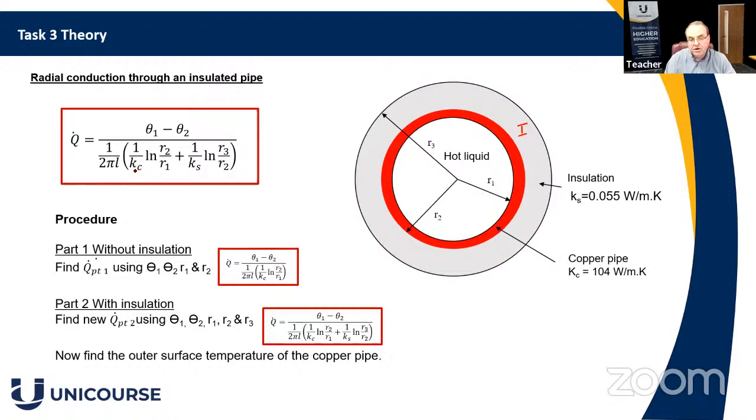So for the copper pipe, that would be the thermal resistance, and for the insulation, that would be the thermal resistance. Because they're in series, we can simply add them up. So this is the equation that you would use to determine Q in task 3, part 1.